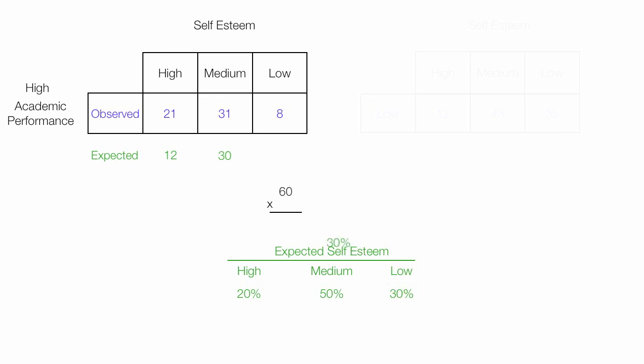Then low self-esteem is 60 times 30%, or 18. And this entire row is equal to 60. 12 plus 30 plus 18 is equal to 60. As you can see, I have my observed and my expected values as well.